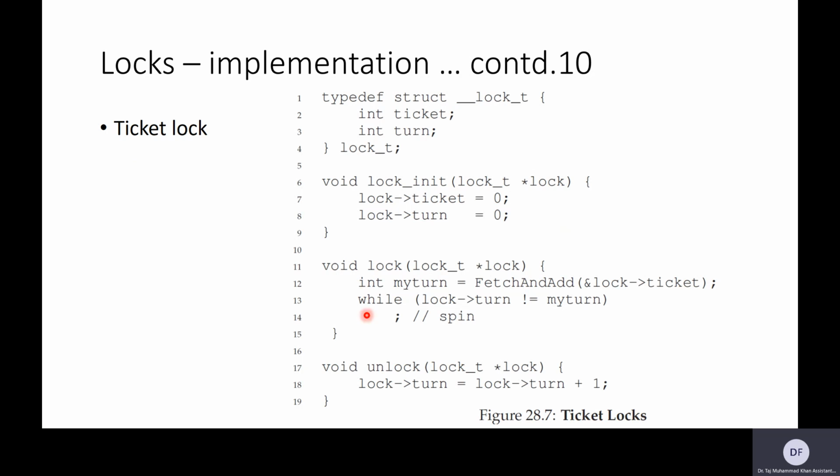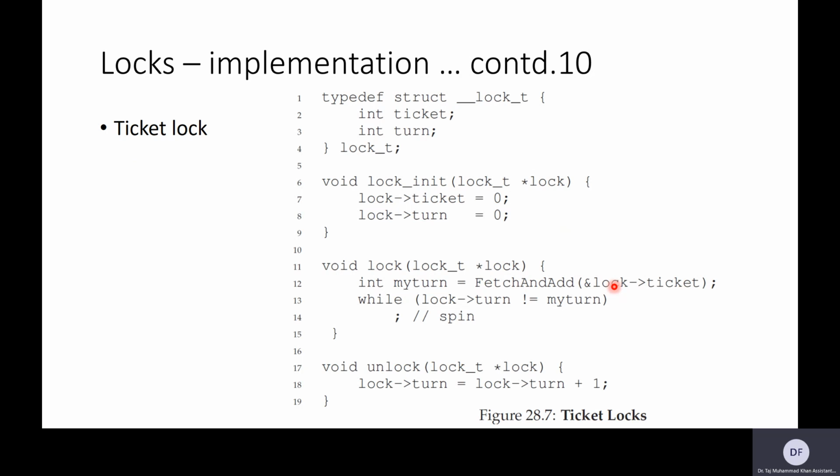Whenever a thread calls the lock function to acquire the lock, it will first perform fetch and add on the address of ticket. Remember, fetch and add returns the old value at this address and increments the value at this address.